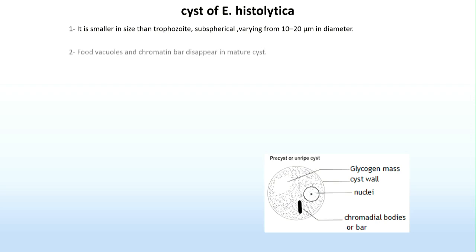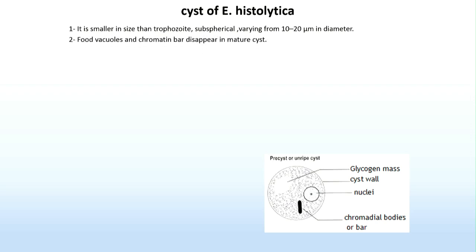Let's move to the second form of Entamoeba histolytica, which is the cyst. The cyst is smaller in size than the trophozoite, spherical, varying from 10 to 20 micrometers in diameter. Food vacuoles and chromatin bar disappear in the mature cyst. It is present only in the lumen of the colon and in mushy or formed feces, but not in tissue.